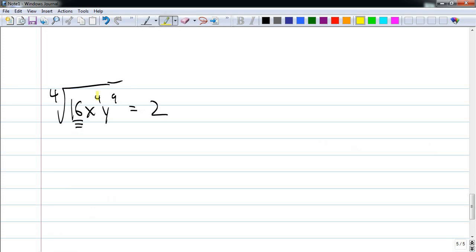Divide x to the 4th, divide the 4 with the type of radical it is, and I get an x to the 1st outside. Do the same thing with the 9. My quotient is 2, so that's y squared. My remainder remains under the radical, y to the 1st. Okay? So there we go.